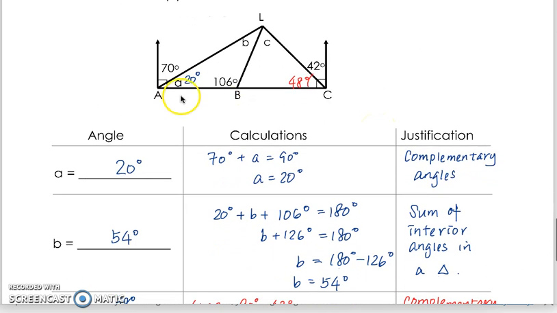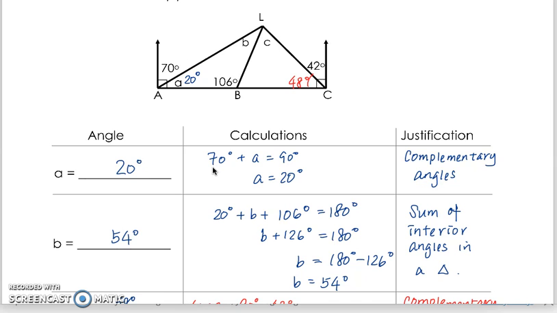So here I notice that angle A is next to angle 70 degrees, and we are told that they add up to 90 degrees. So I can calculate angle A using the relationship of 70 degrees plus A is equal to 90 degrees.